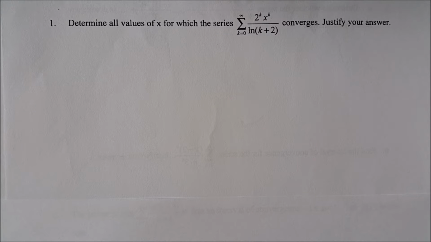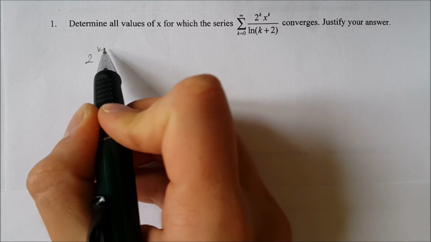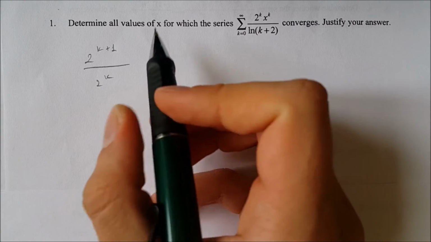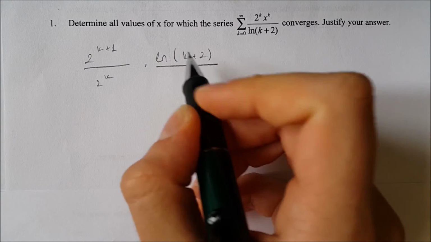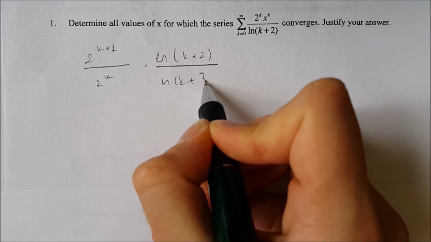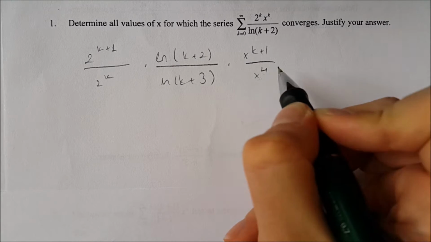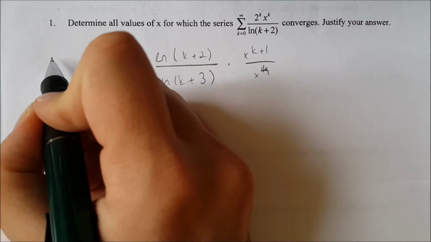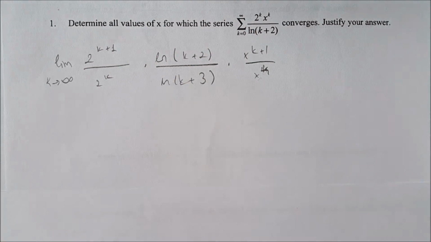So if we apply the ratio test to this power series, we would get 2 to the power of k plus 1 over 2 to the k times ln k plus 2 over ln k plus 3 times x to the k plus 1 over x to the k, as the limit of k approaches infinity.